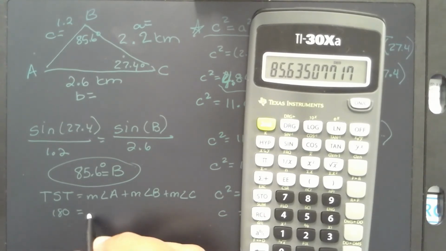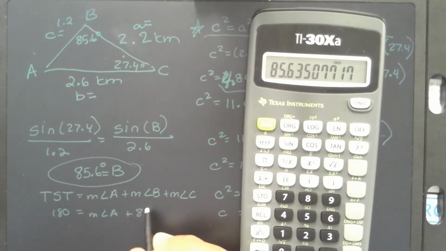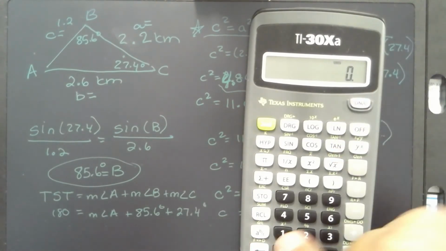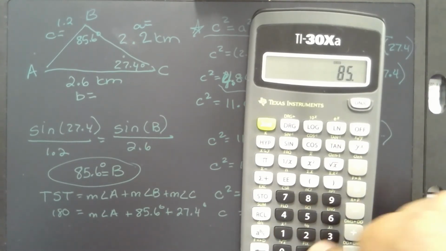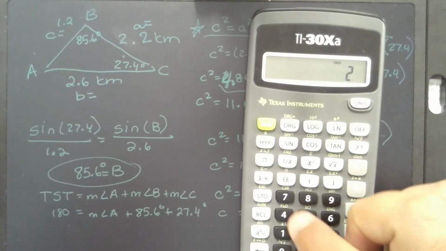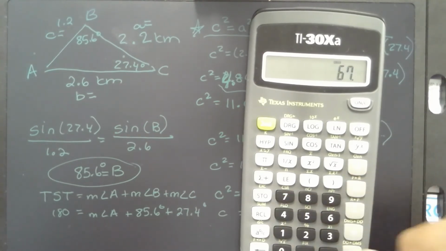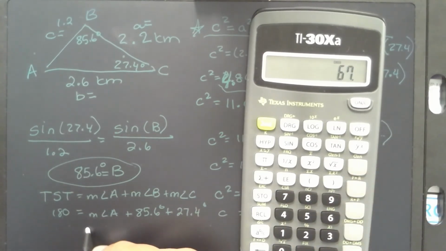We don't know the measurement of angle A. We know angle B is 85.6, and angle C is 27.4 degrees. So we can figure out angle A by subtracting 180 minus 85.6 minus 27.4, and we get 67 degrees.